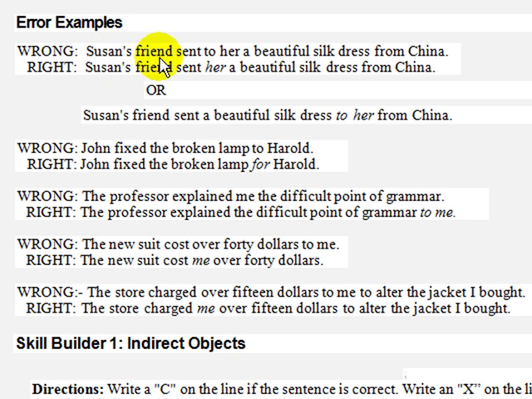In this particular case, "Susan's friend sent to her a beautiful silk dress from China," and I think very commonly in Spanish you would do it that way, but that's not correct in English. It's "Susan's friend sent her a beautiful silk dress from China," or "Susan's friend sent a beautiful silk dress to her from China."